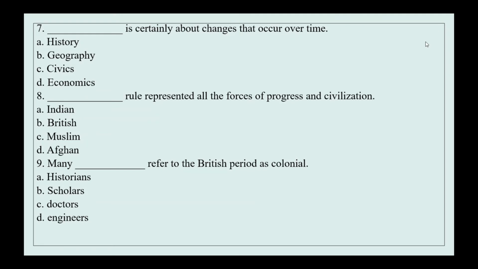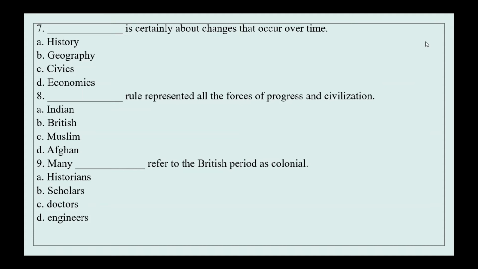Dash is certainly about changes that occur over time. Option A, history. Option B, geography. Option C, civics. Option D, economics. Which is certainly about changes that occur over time? Of course, history. What is history? History is certainly about changes that occur over time. Isn't it? So, option A, history is the right answer.